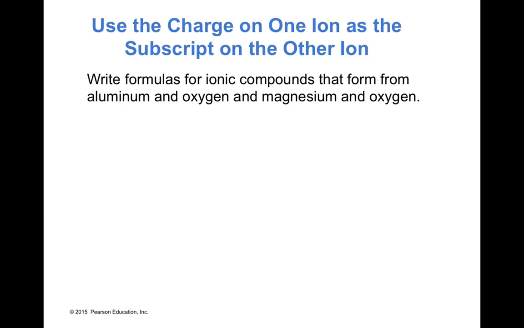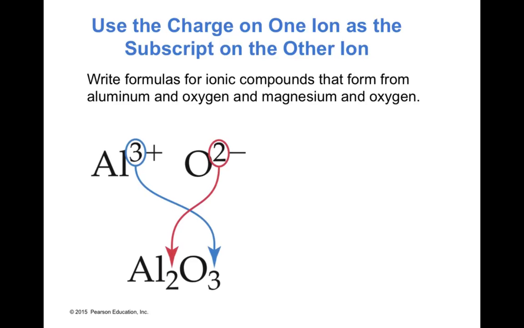So let's do an example. Write formulas for ionic compounds that form from aluminum and oxygen, and magnesium and oxygen. Aluminum has a charge of +3, and oxygen has a charge of 2 minus, okay, -2. So we're going to switch the magnitudes of the charges, and they're going to become the subscript of the other element.